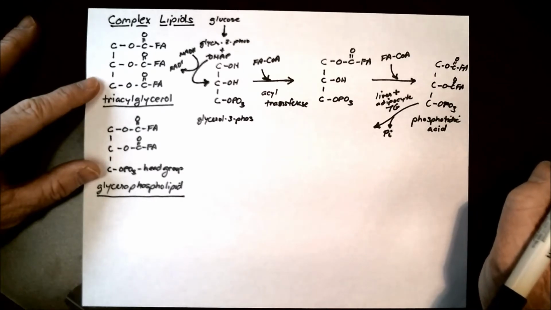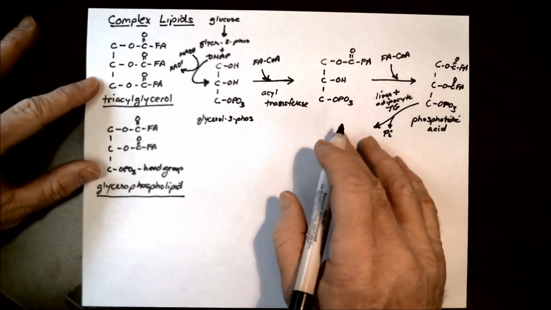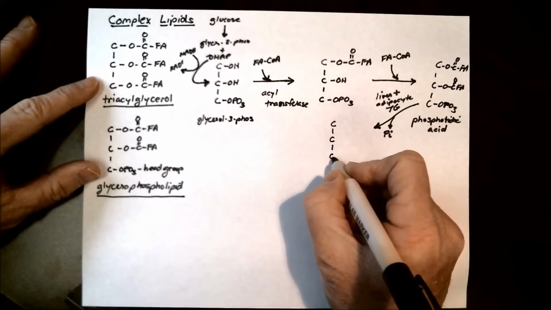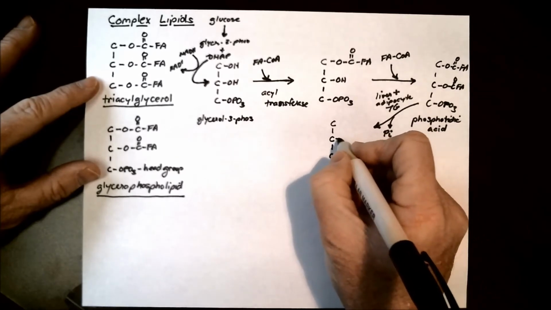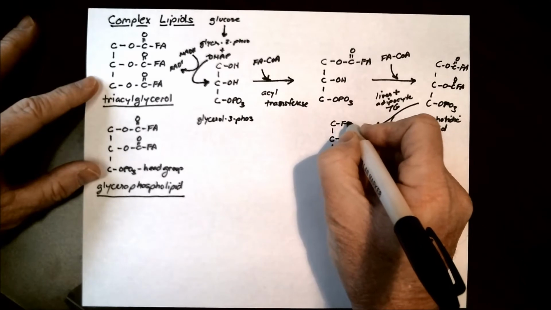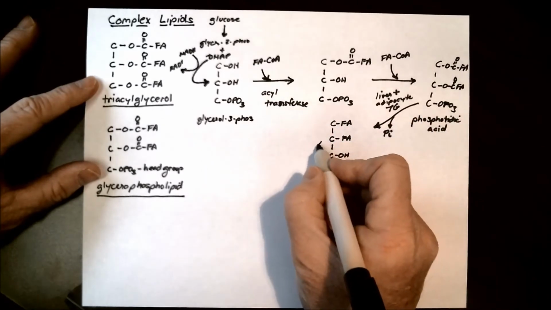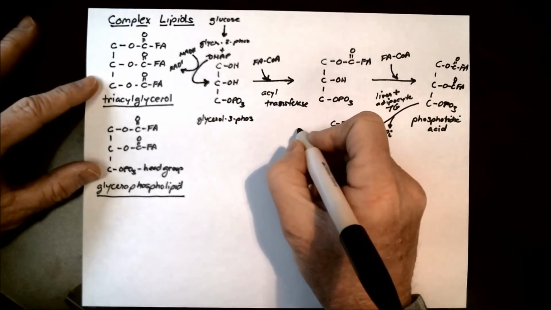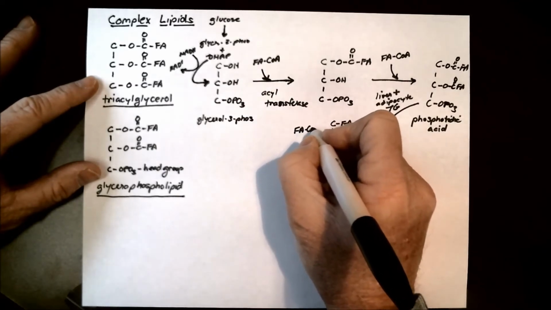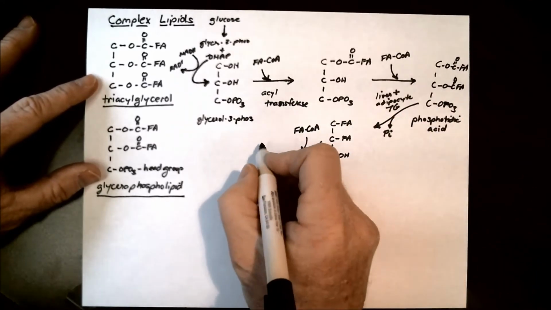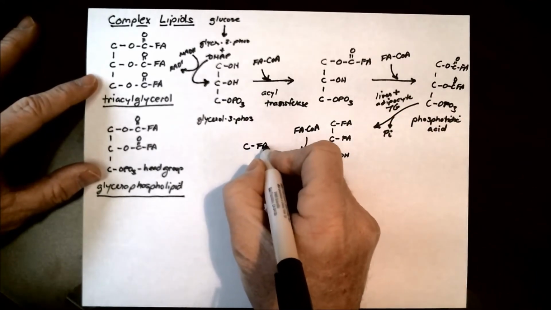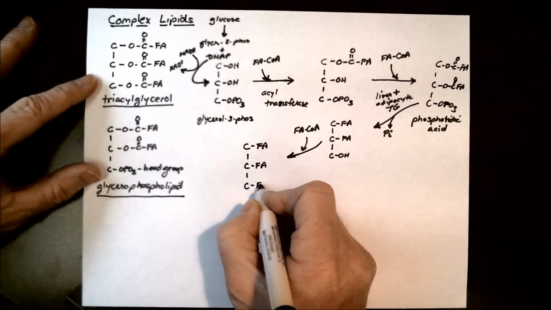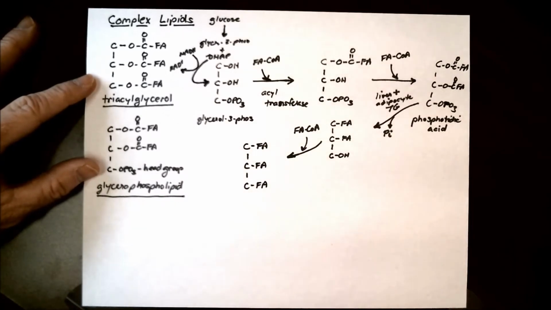Now, what we will have then is a free carbon for a fatty acid addition. Then the next enzyme can be an acyltransferase to add one more fatty acyl-CoA onto the structure to give us our triacylglycerol structure.